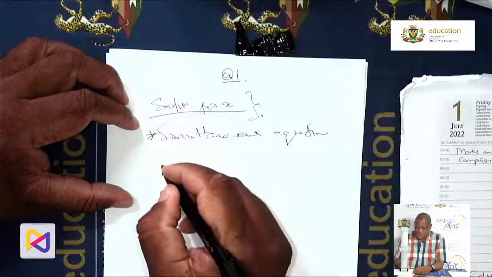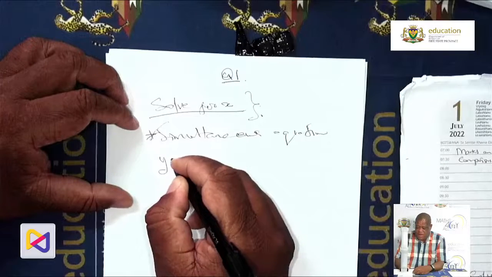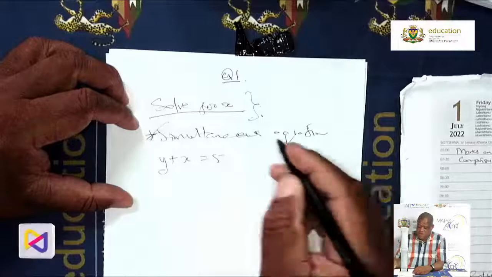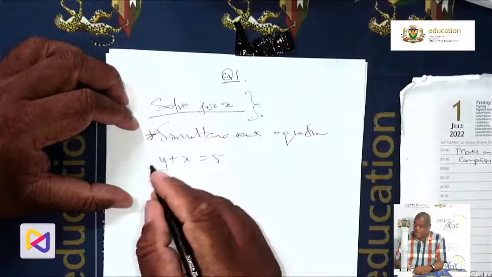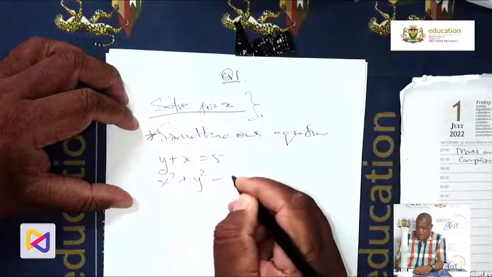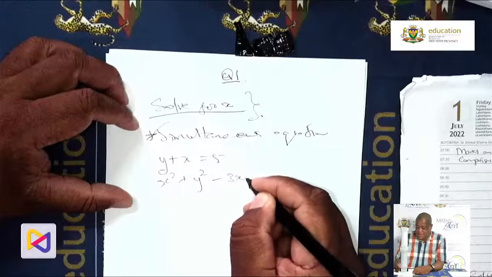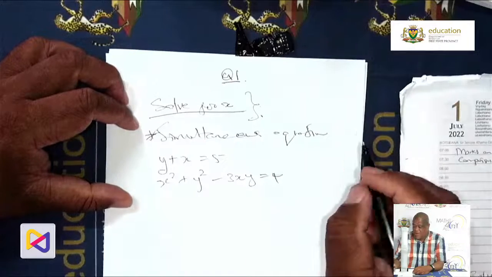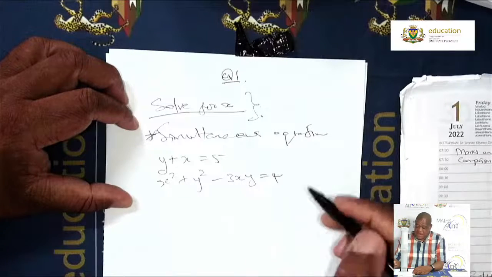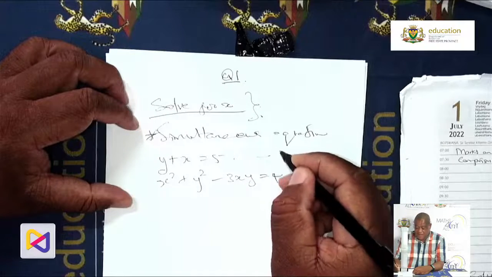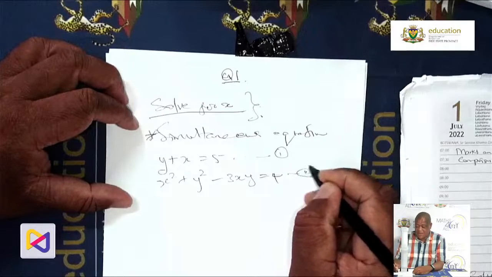then you substitute. Let's assume that you have y plus x equal to 5, and the other equation may be x squared plus y squared minus 3xy equal to 4, something like that being given. 2 equations: you take the first equation, and this one is the second.